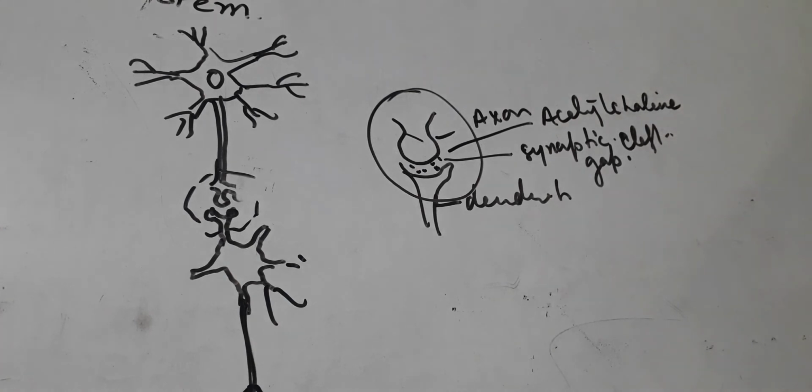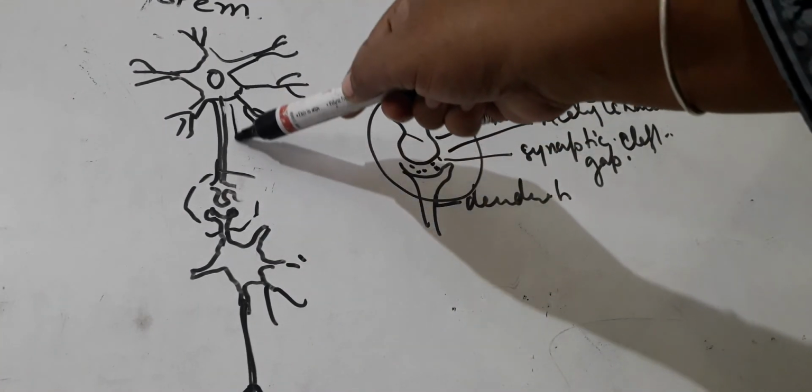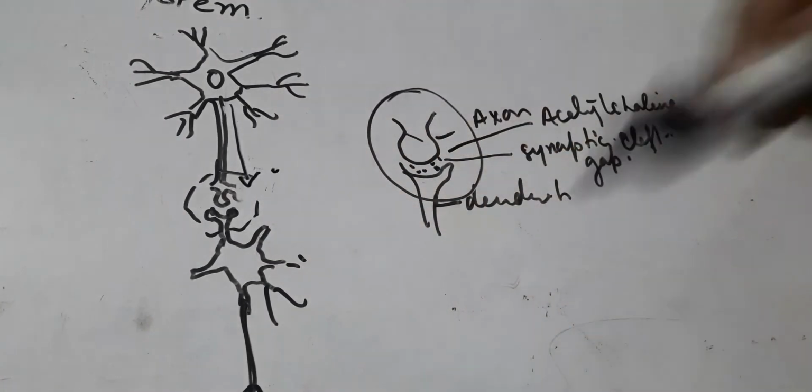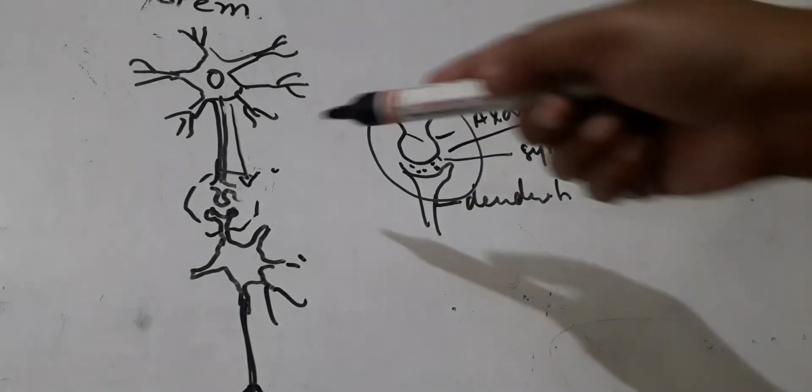It is a neurotransmitter. This compound is released here, which becomes a stimulus for another neuron.